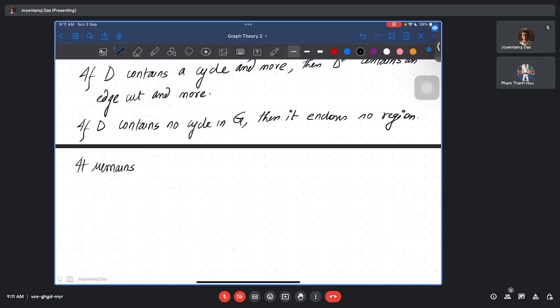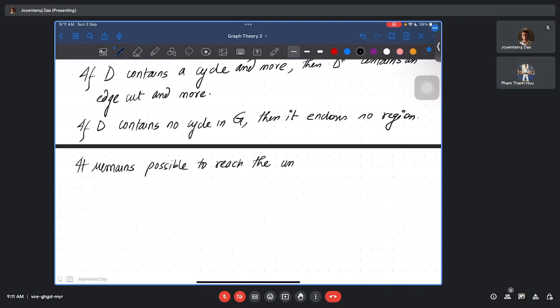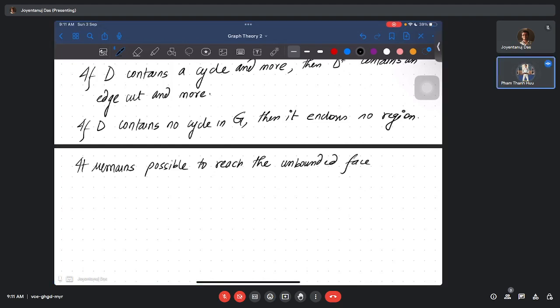It remains possible to reach the unbounded face of G from every other face without crossing.